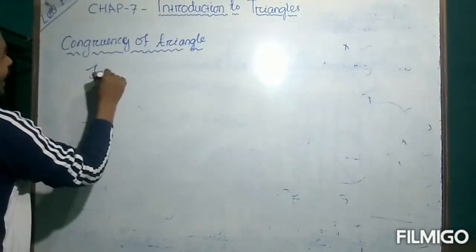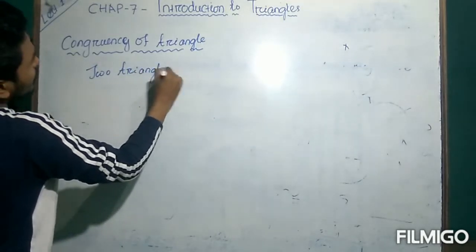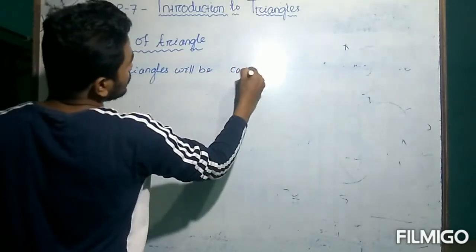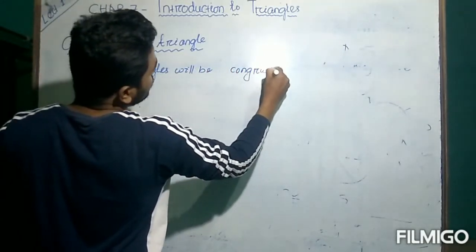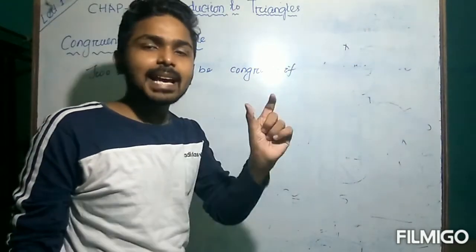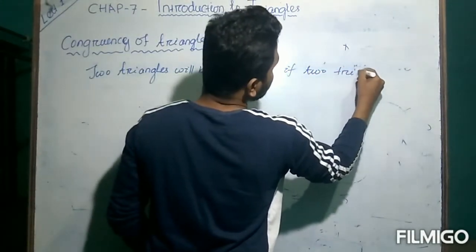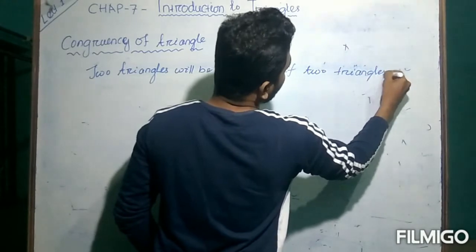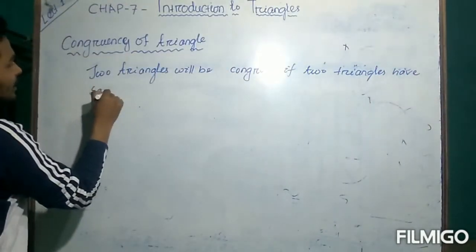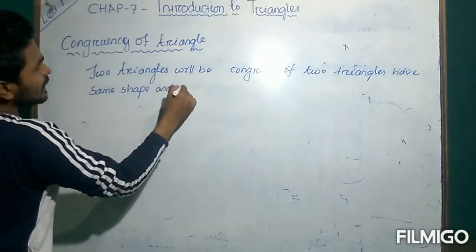So, two triangles will be congruent if the two triangles have the same shape and same size.